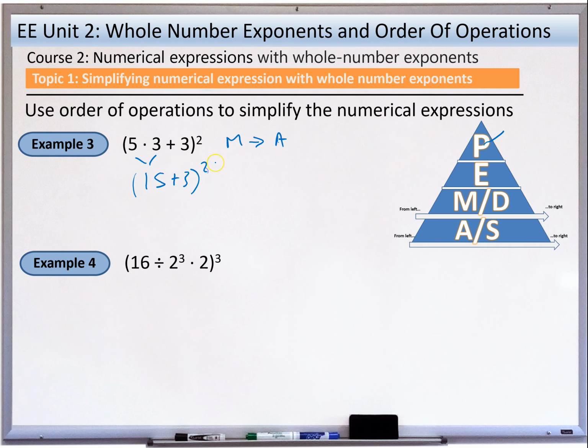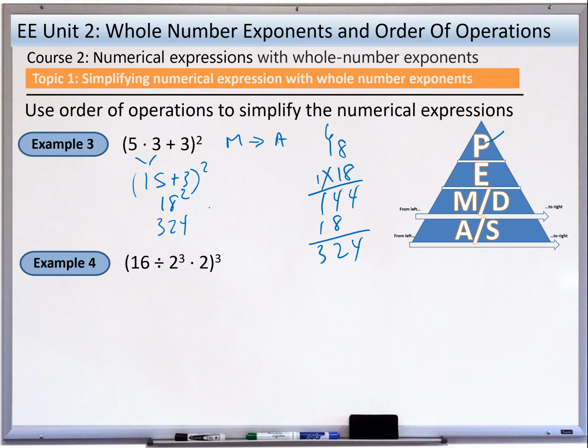So I'm still not ready to square yet because I have to finish my parentheses first. I have 15 plus 3 is 18. And I need to square that. So 18 times 18 is 324.